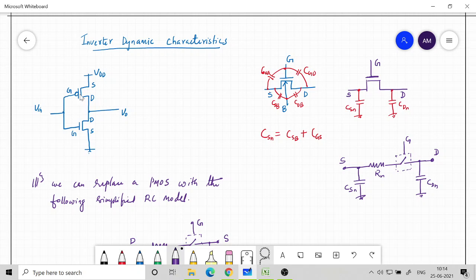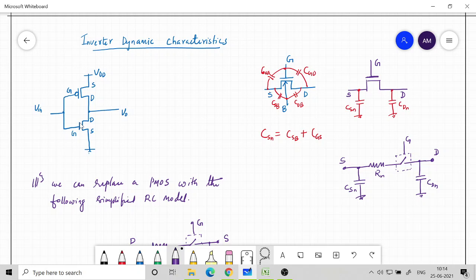Input and output are connected by the gate capacitance of the NMOS. So when the input voltage abruptly changes, it tries to take the output voltage along with it, rising up until the NMOS is in the off condition.